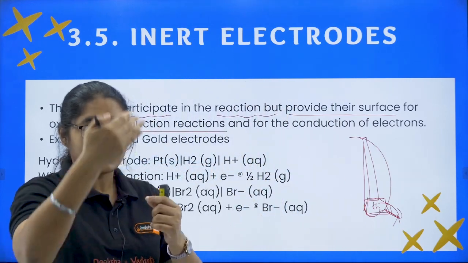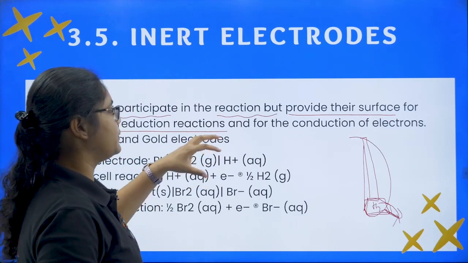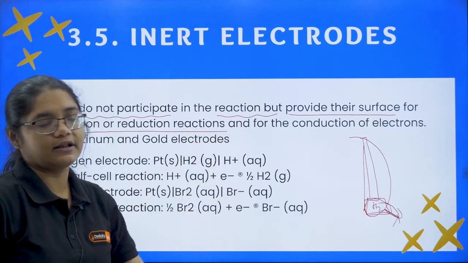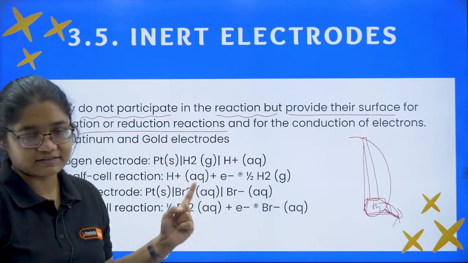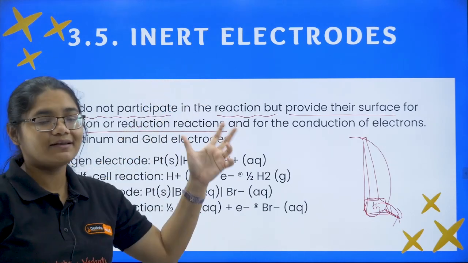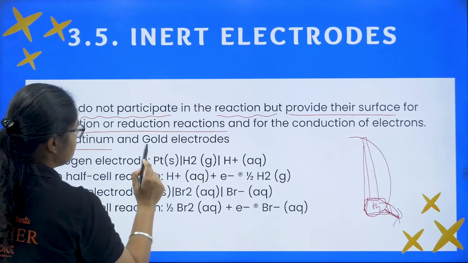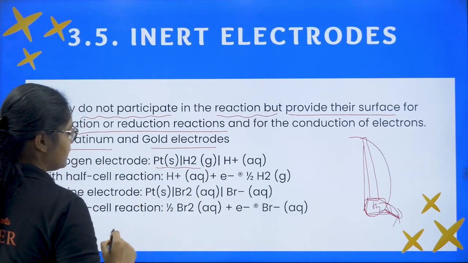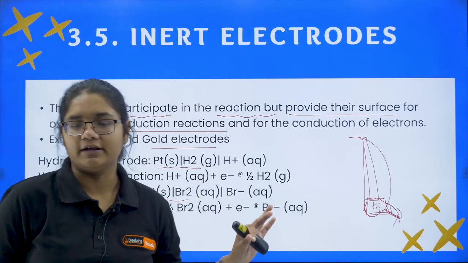Hydrogen gas is involved, but on the surface of the platinum. Electrodes where the surface is only for the process of oxidation and reduction, but the electrodes do not participate directly, are called inert electrodes. Examples are platinum and gold. You can see the hydrogen electrode with platinum, and platinum with bromine also. So there is a variety of examples here.